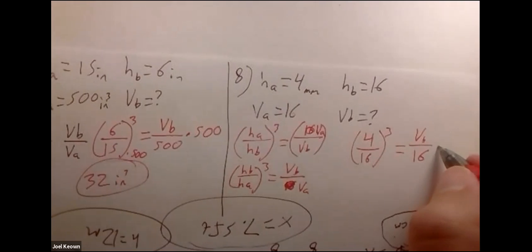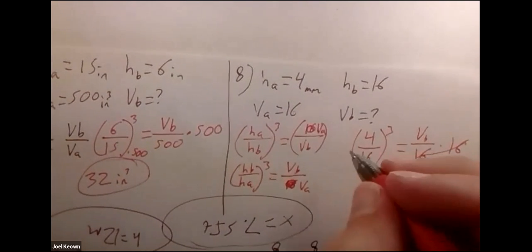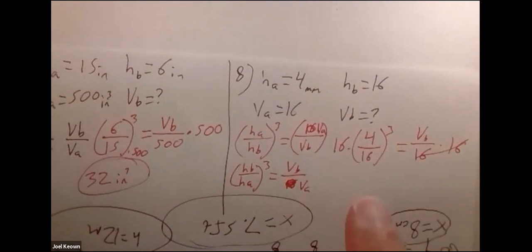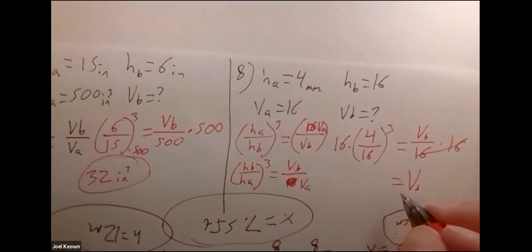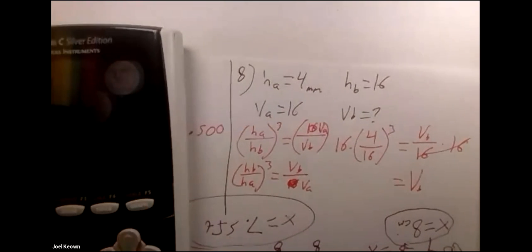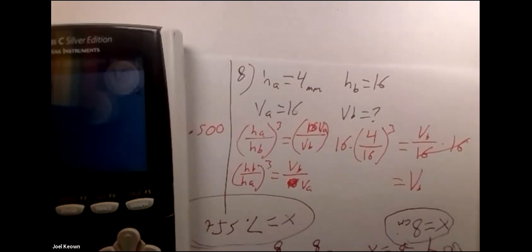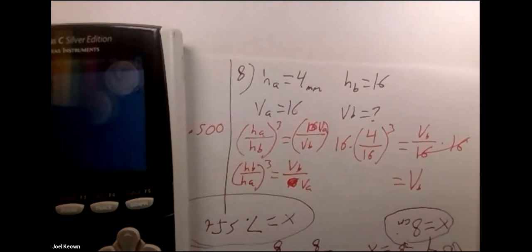I'm going to multiply both sides by that 16 so they cancel out. And then that will give me my volume of B. So 16 times 4 divided by 16. Make sure I put the cube on there. And I get 0.25. Hold on a second.